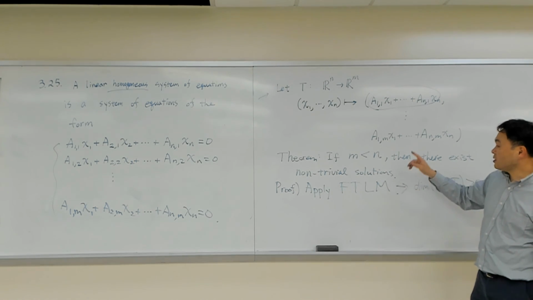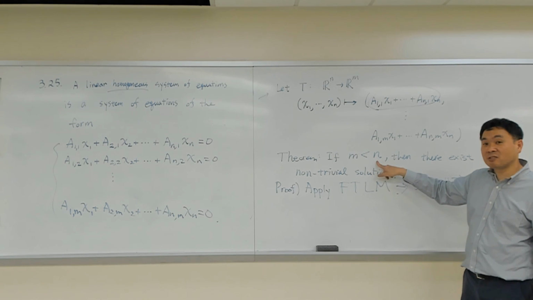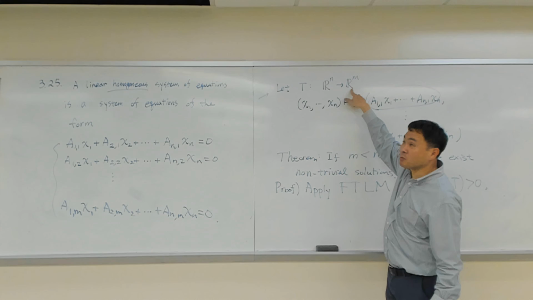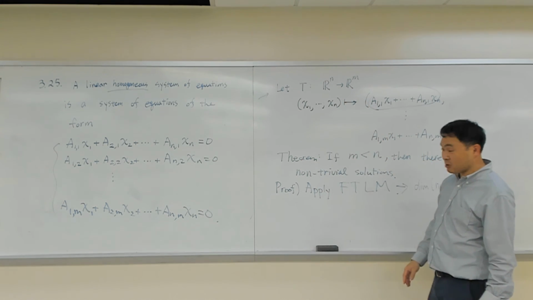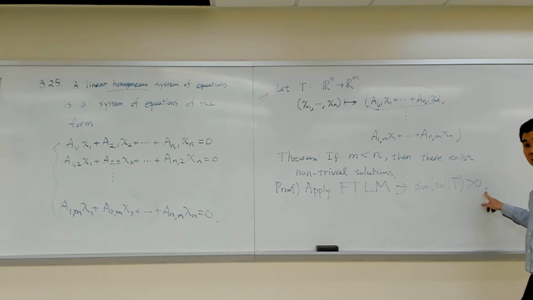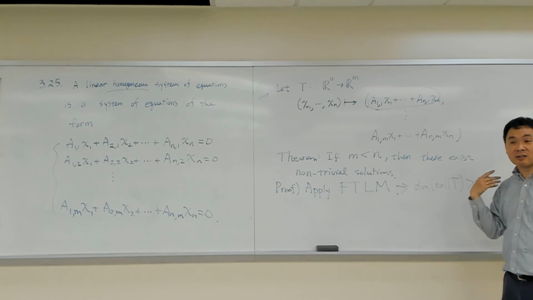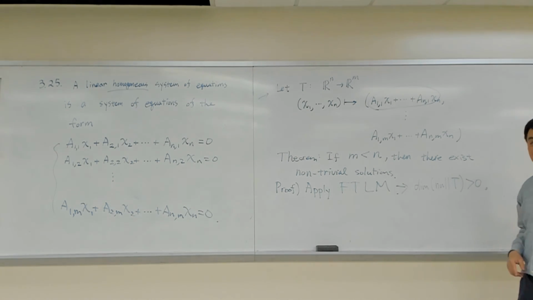If m is less than n, m is the dimension of W and n is the dimension of V, right? Because V is Rn and W is Rm. So you use the same deal as we did in 3.23. You see that this has to have a positive dimension. But if it was 0 dimension, that means 0 is the only solution, right? If it's positive dimension, that means there are more solutions than just 0. That's how you apply the fundamental theorem of linear maps, okay?